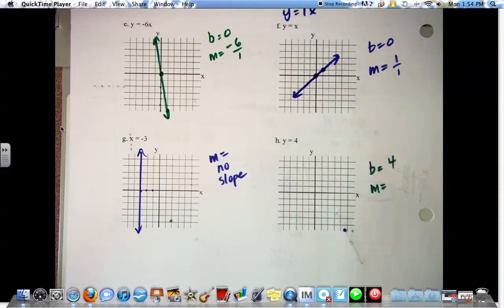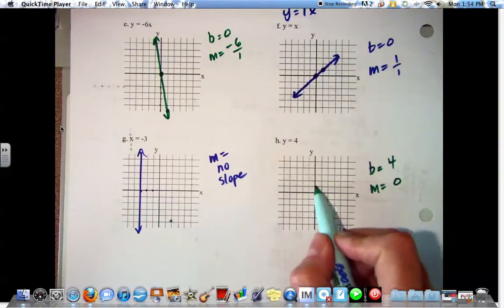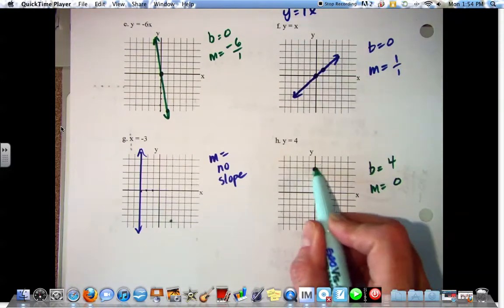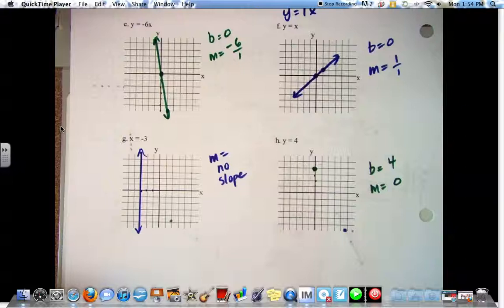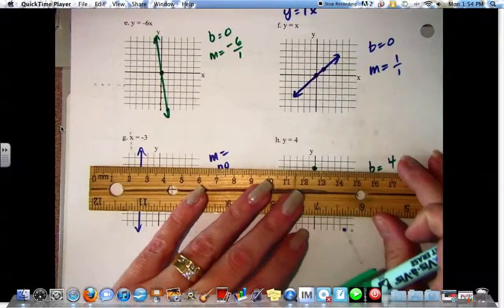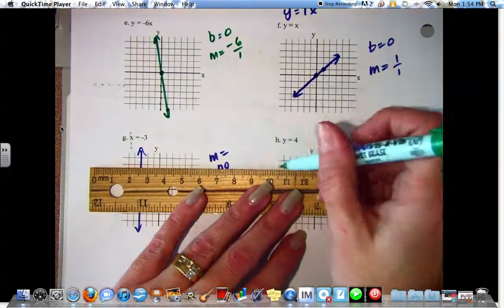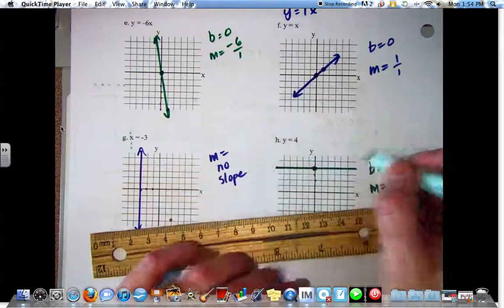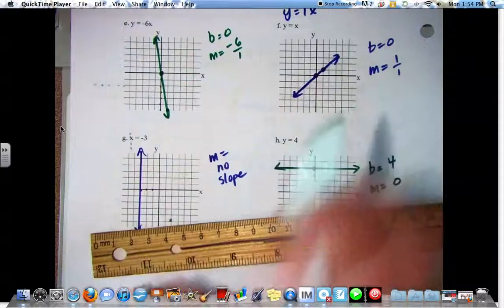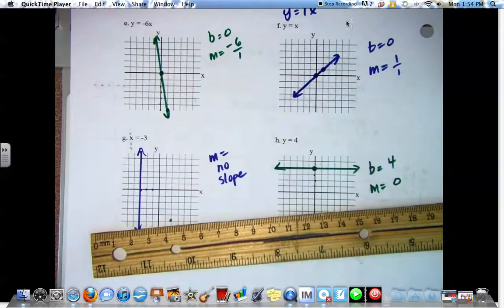This is horizontal. The slope is 0, so I go up 1, 2, 3, 4, make a dot, and because I have a slope of 0, my line is what? Horizontal.